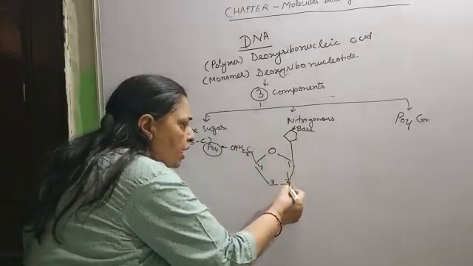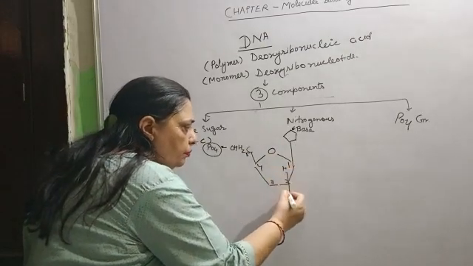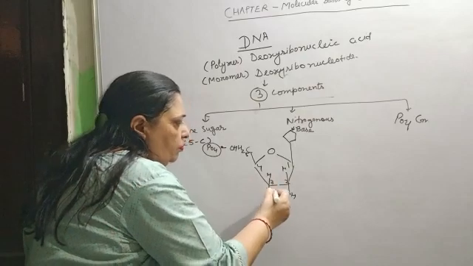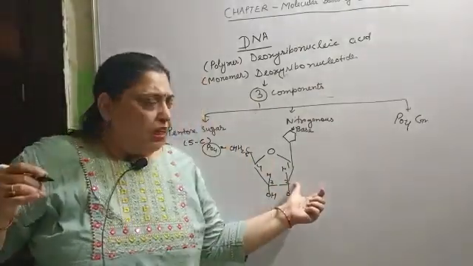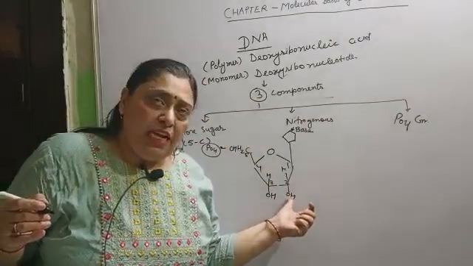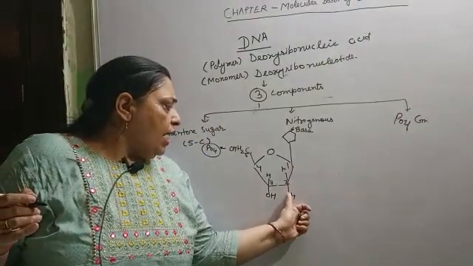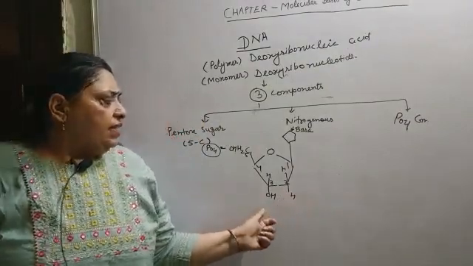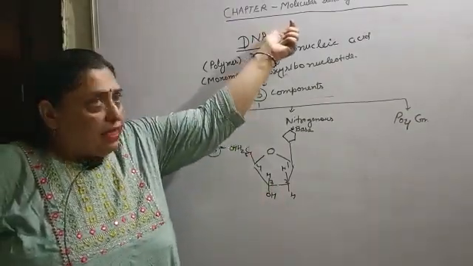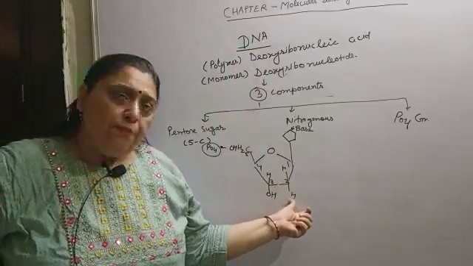In pentose sugar, if in the second position an OH group is present, means oxygen is present, this is ribose sugar, and if oxygen is not present, then this is deoxyribose sugar. Because we are talking about DNA, in the second position oxygen will be absent.